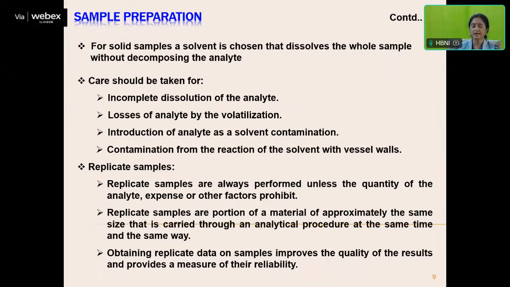Replicate samples are portions of a material of approximately the same size that are carried through an analytical procedure at the same time and in the same way.